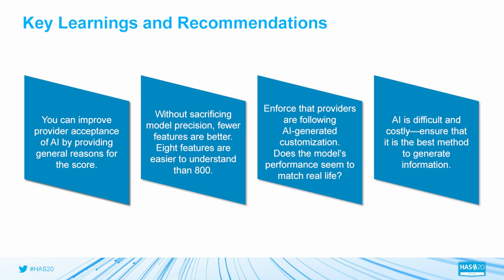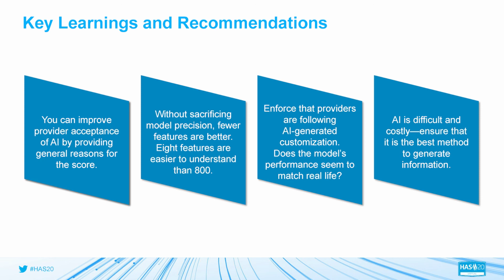So some recommendations and key learnings: if you tell your users how the models work, and you familiarize them with the outcomes and with the signals that are important, they will develop confidence in the score that you're presenting to them. In the same vein, if you can reduce the number of features that contribute to your model and to this risk score to the smallest number, you stand a chance of being able to deliver that information to your care managers.